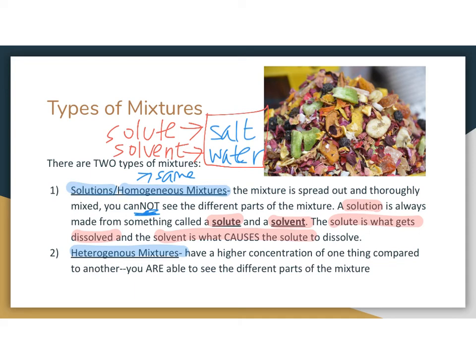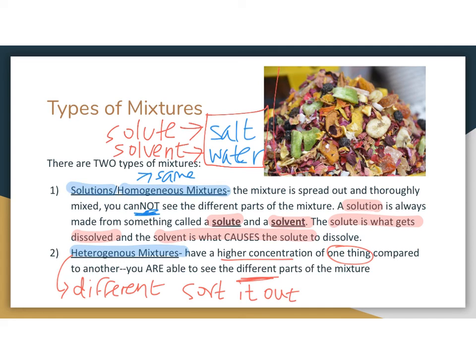Heterogeneous mixtures, hetero means different. And so in this case, you're able to see the different parts of the mixture. It has a higher concentration of one thing compared to another. So usually with this, it's very easy to sort it out or to see how it's been mixed together.